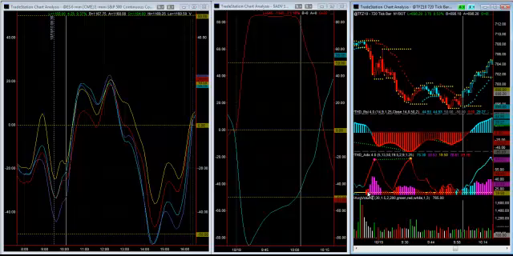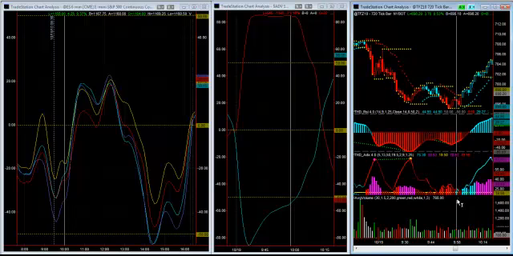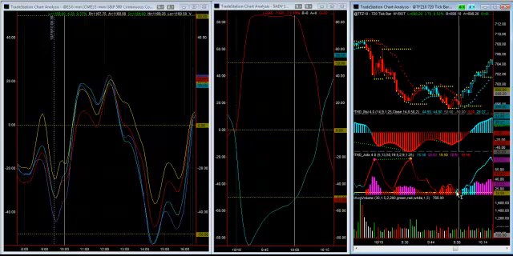Now remember, the ADX is measuring price alone. So the ADX knew that the sellers were actually in control the entire time. Buyers did not start to come in until this bar, and you can see that the ADX measured the buyers, whereas the volume measured sellers here.